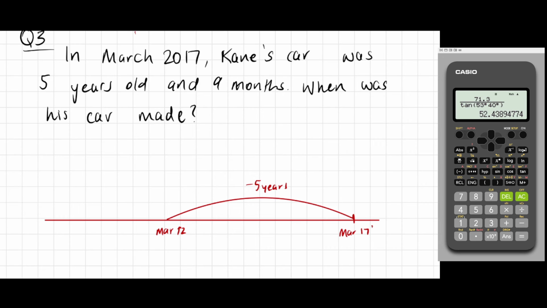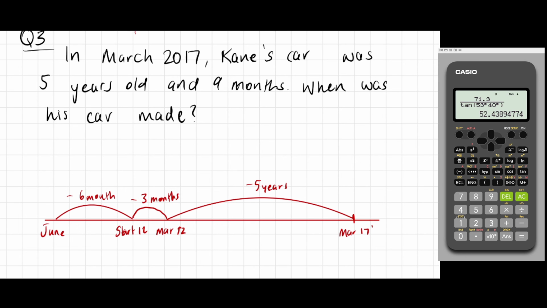Now we need to break up the 9 months. How many months would it have taken to get to the start of the year? To get to the start of 2012, it would have been 3 months, which leaves us with 6 of the 9 months left over. That last 6-month jump would mean that he was in June.